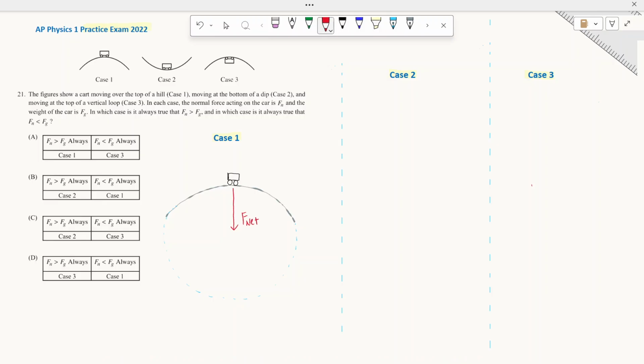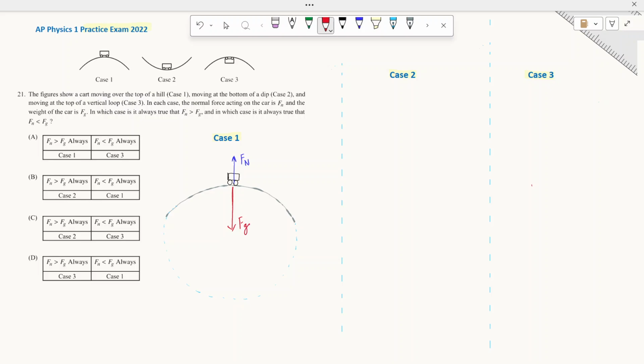This resultant force, or the net force, is actually provided by two forces. One force is the normal force, and that is applied upward because the cart is pushing the track down, so the track is applying the force upward. So this is the normal force. The weight must be greater, because only in that case would the resultant force be downward.